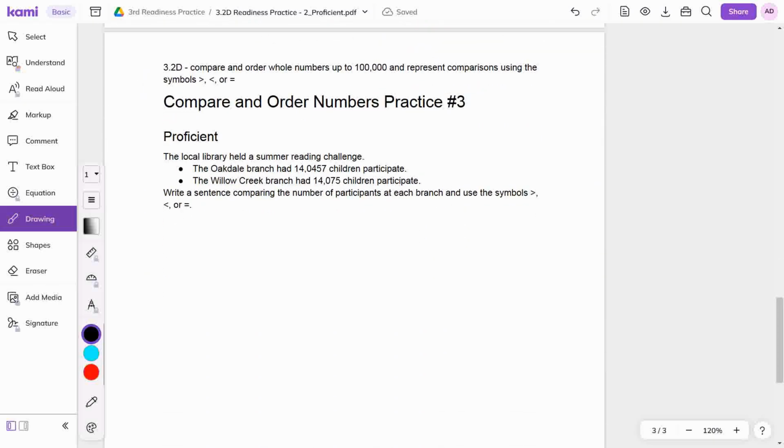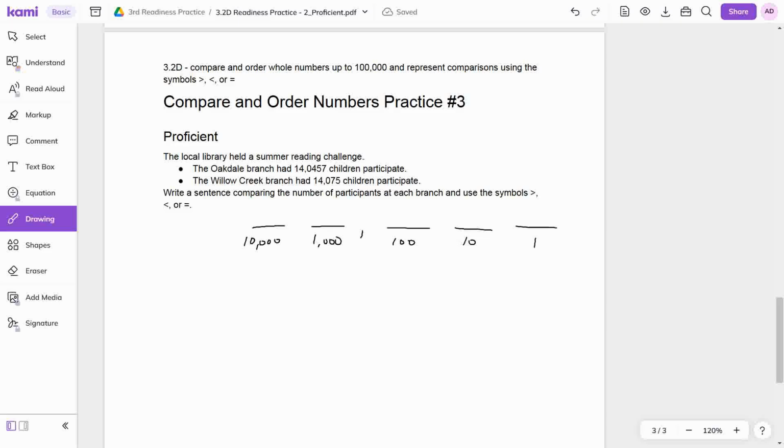Next, for number 3, we have 2 numbers that we need to compare here. And let's just go ahead and build a place value chart. You see these 2 numbers are within the 10,000, so I'm just going to build my place value chart that goes up to there. 10,000, 1,000, 100, 10, that's a 1.